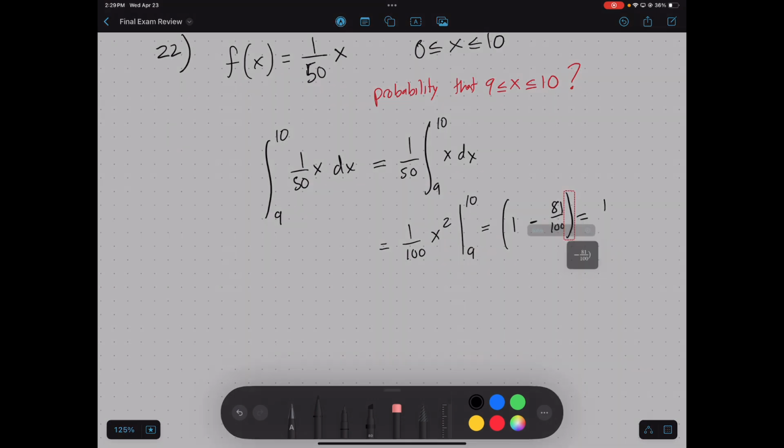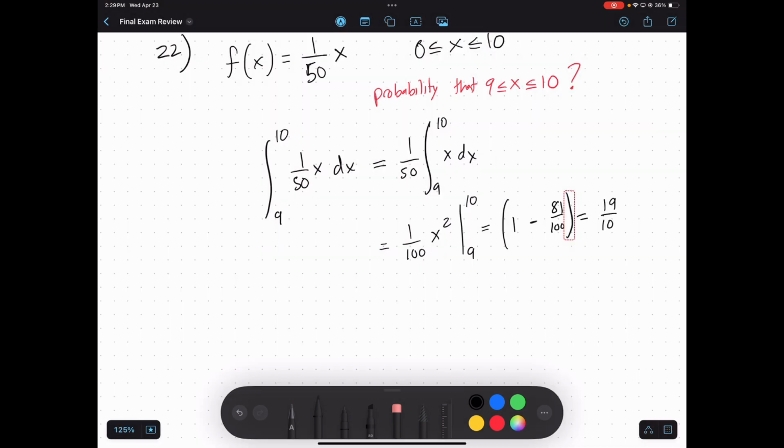So I get 19 over 100. That actually is really nice. If it's 19 over 100, what percentage is that? Yeah, that's just 19%.